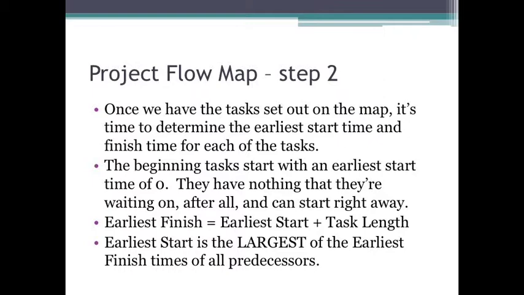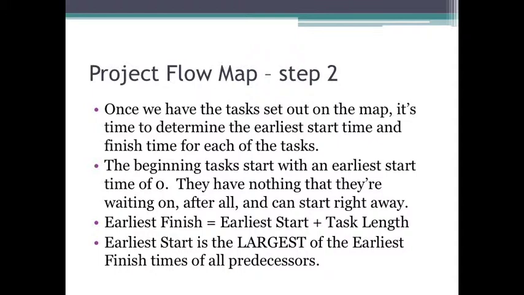Now, the tasks at the very beginning are not waiting on anything, so they can start right away. They have an early start time of 0, and that is where you start determining your earliest start and earliest finish. From there you go through the project and calculate earliest start and earliest finish.